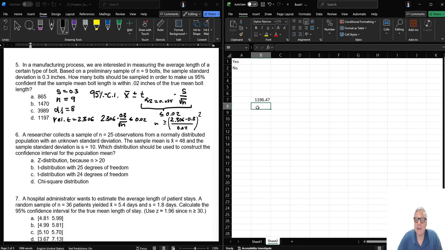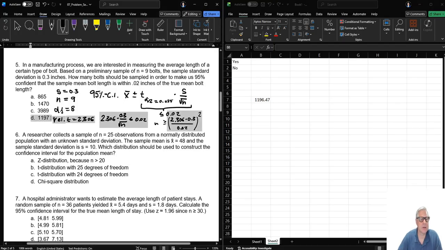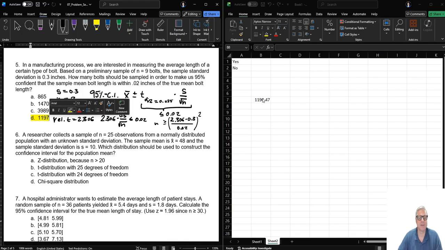Okay, so now what you see here in Excel is exactly this formula. And now we get 11,960.47, and if we round that, that's 1,197, I mean. And that's the correct answer. So if we round this one up, then that sample size will shrink the confidence interval, even though it is still a 95% confidence interval.